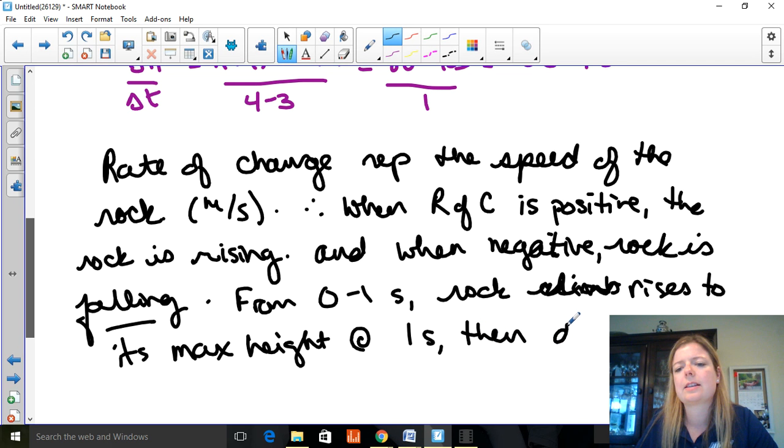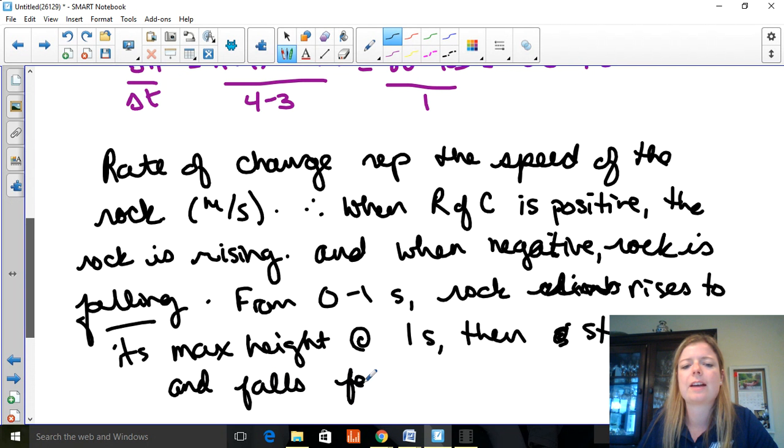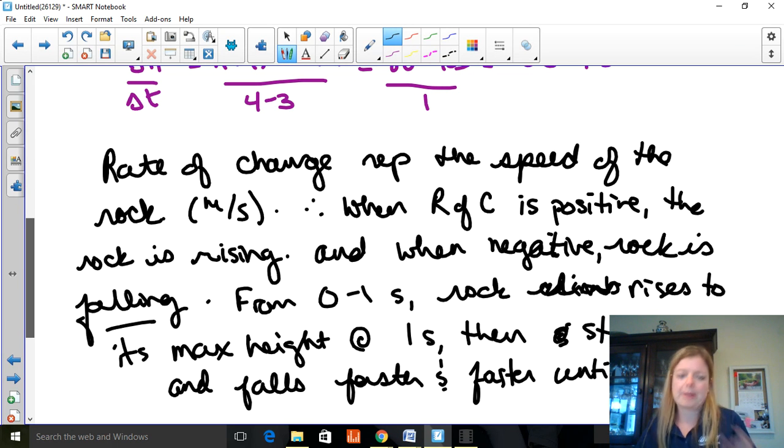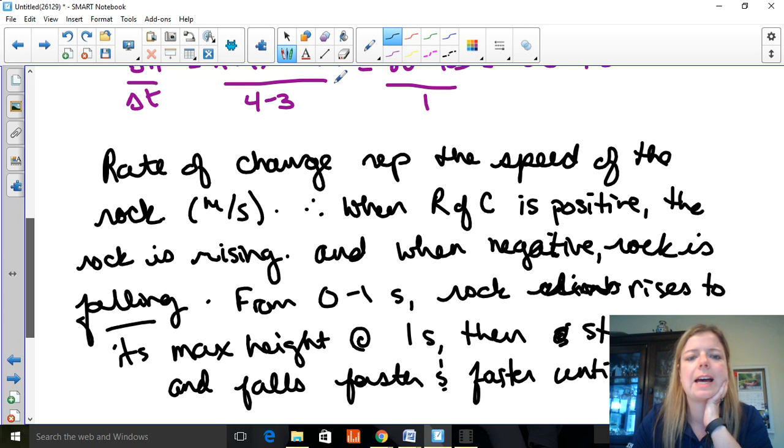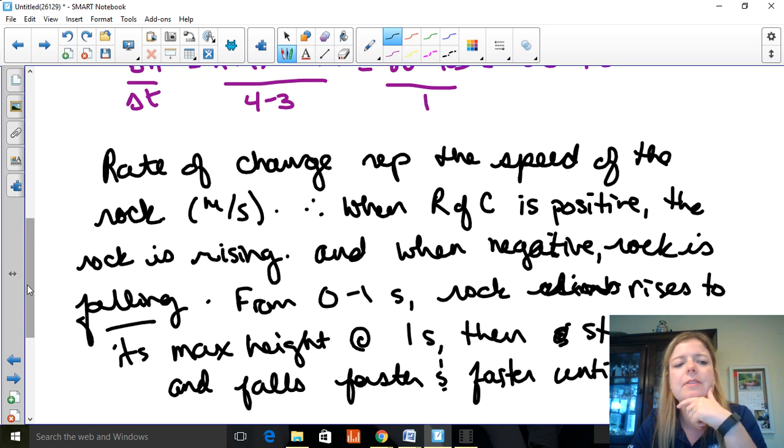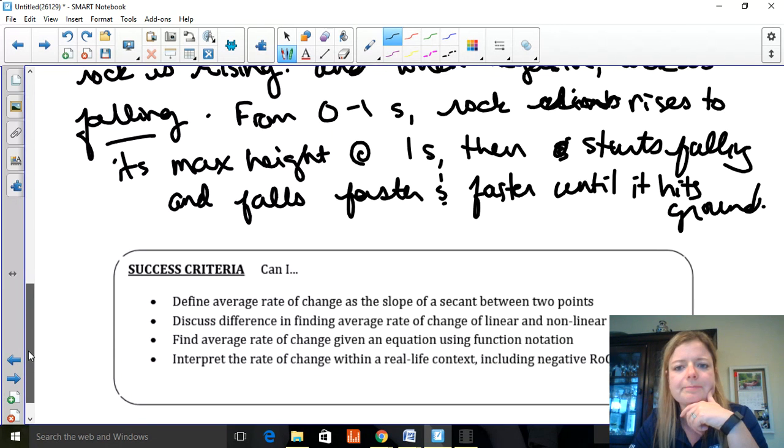Then it starts falling and falls faster and faster until it hits the ground. There you go. So notice that I talked about whether it was rising or falling: rising is positive rate of change, and falling is negative rate of change, okay?